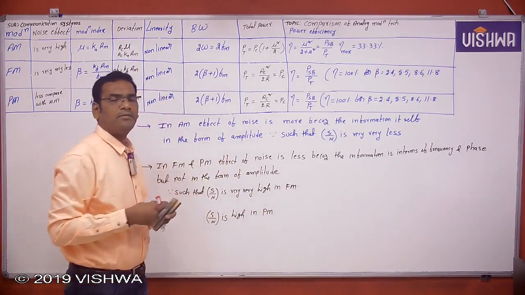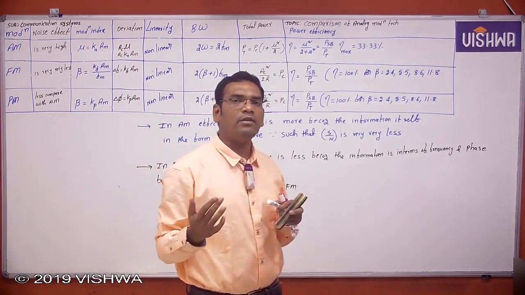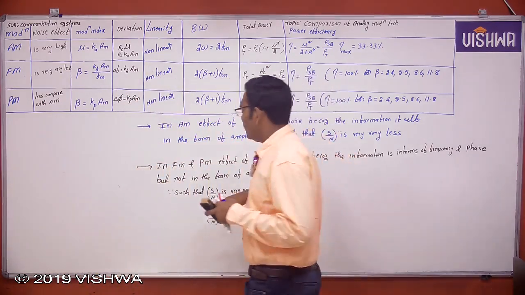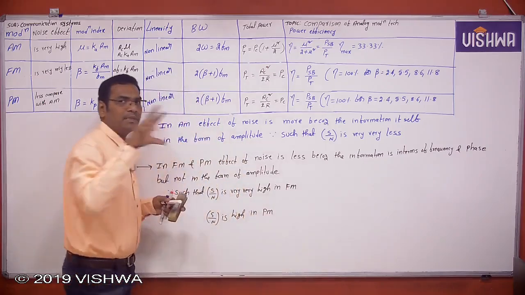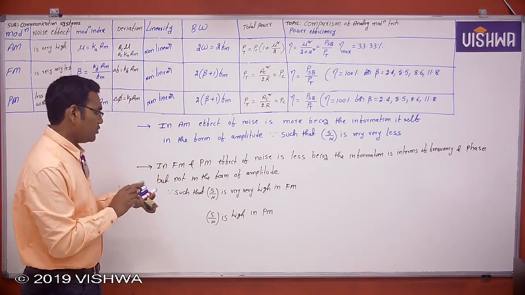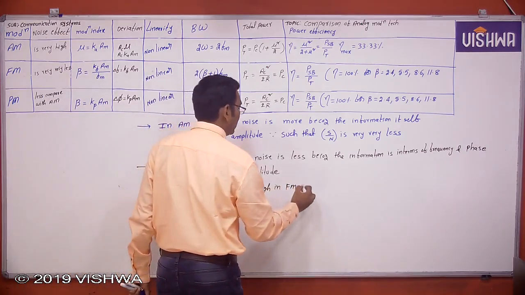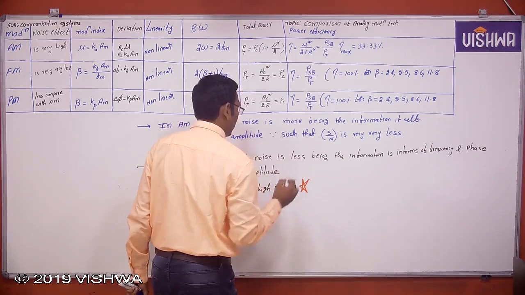So the best one with respect to noise, we will see in detail when we go for the noise analysis, but FM and PM both have the same envelope, even then the signal to noise ratio is very, very high in FM. So with respect to noise, the best one in analog modulation techniques is nothing but FM.